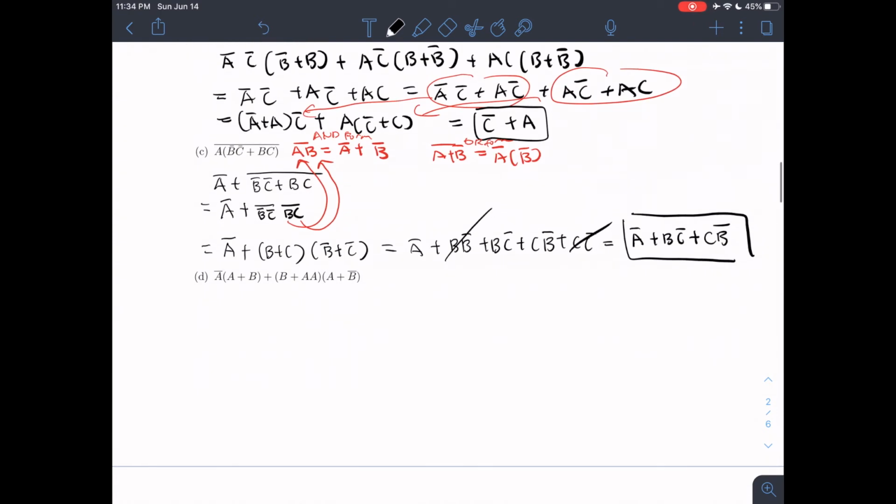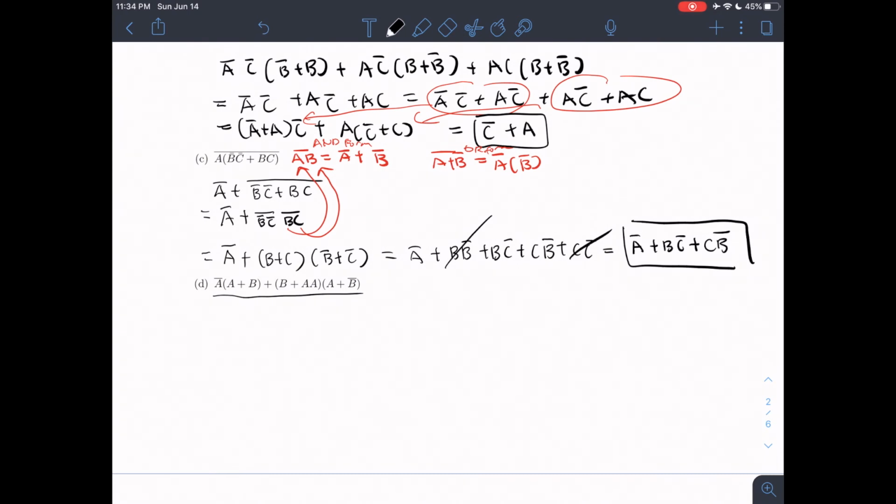Part D. First, let's multiply out this expression. So we're going to get not A plus not AB plus B plus A plus B. This is going to be equal to not AB. This can be canceled out because we know that not AA is going to be equal to 0.